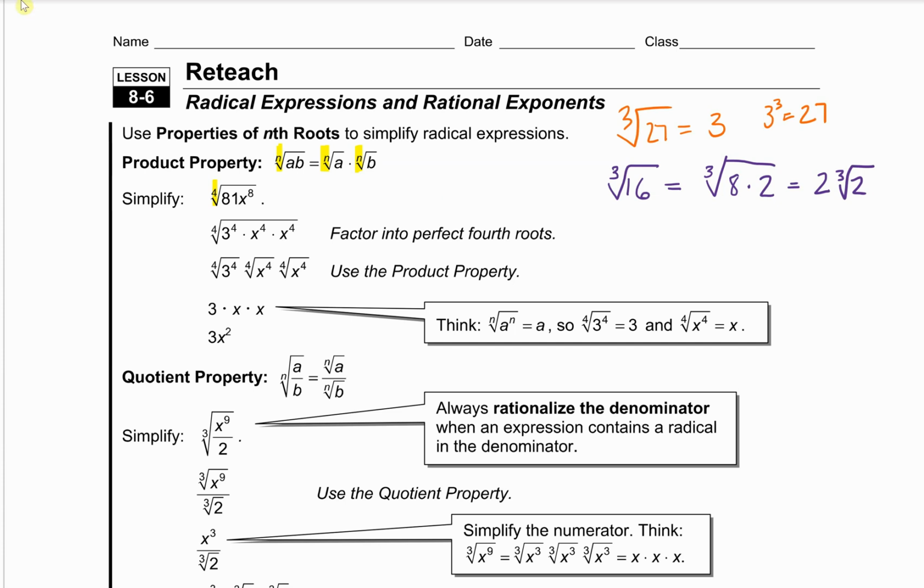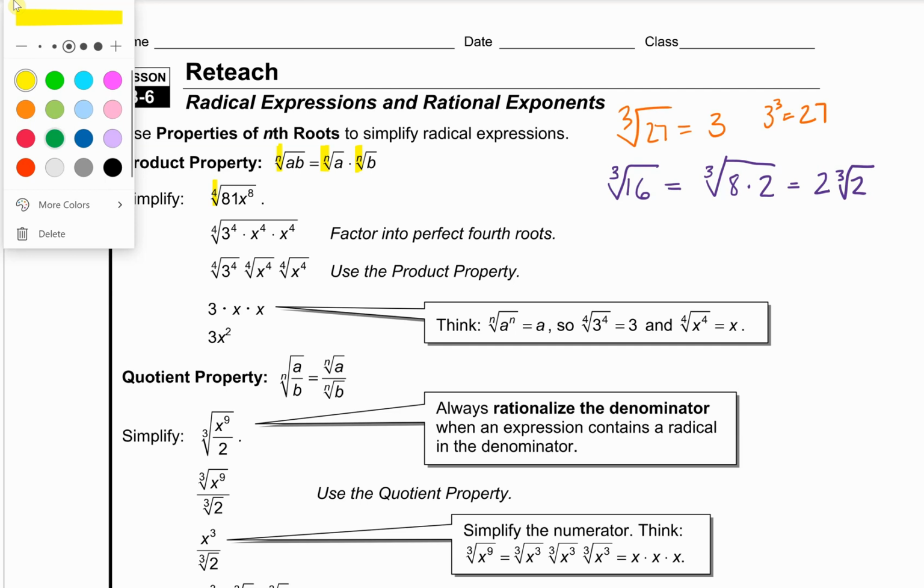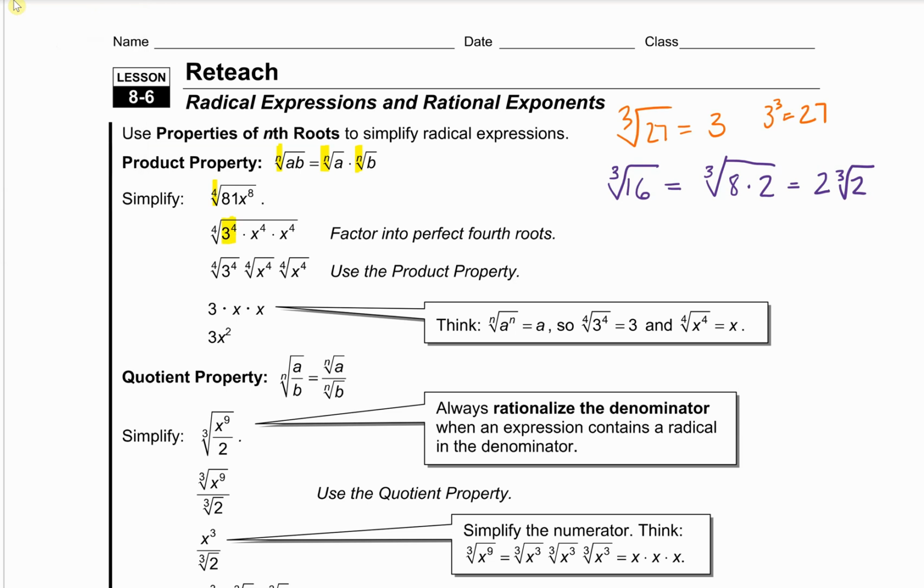If you look here, we have the fourth root of 81 x to the 8th. You see what they did here. I'll just use my highlighter. 81 is 3 to the 4th, and they broke down x to the 8th into x to the 4th times x to the 4th.